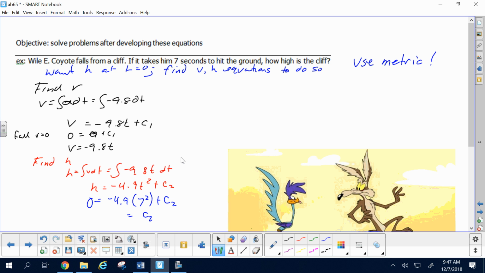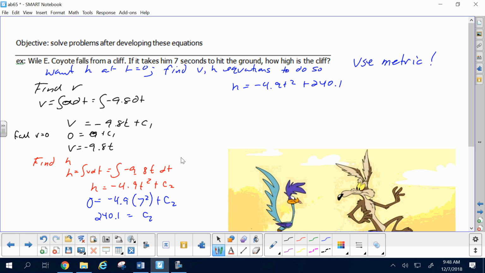Are you with me? Positive 240.1. All right, do we agree? So the height equation is negative 4.9 t squared plus 240.1.